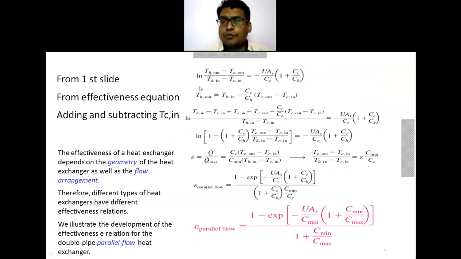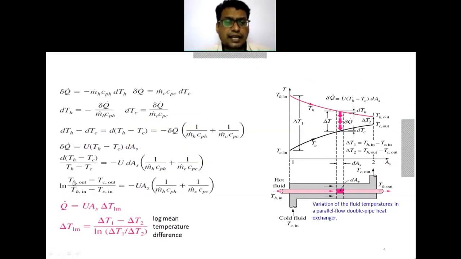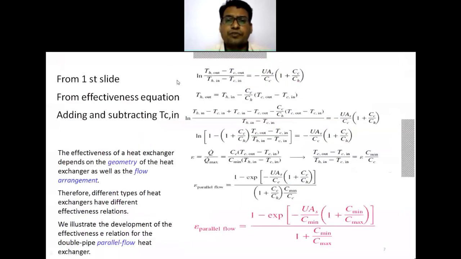Now we have already derived this equation, that is ln of Th out minus Tc out upon Th in minus Tc in, which is equal to the UAS into 1 upon Ch, capital Ch, plus 1 upon capital Cc. The same equation I am writing here, from the first line of this PPT.